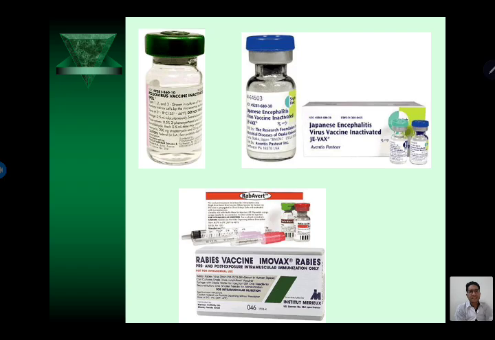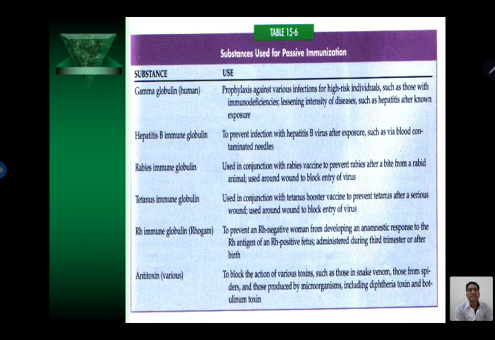Next is Japanese encephalitis virus, rabies vaccines, Imovax rabies, poliovirus vaccines, and the Japanese encephalitis vaccines. So there are a lot of vaccines in our community for the prevention of disease.